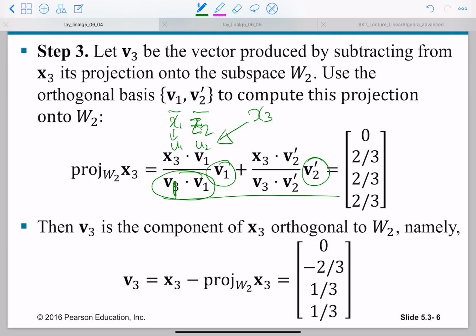So this should be v1 and this should be v2 prime. In the denominator it should have the norm of the basis vector, right? And if we already normalized our basis vectors, then this denominator will become 1, so the computation will become simpler.